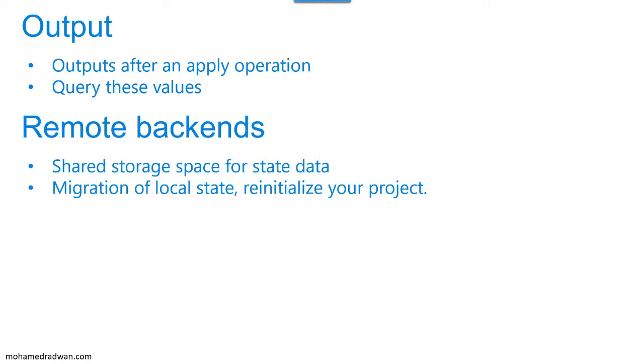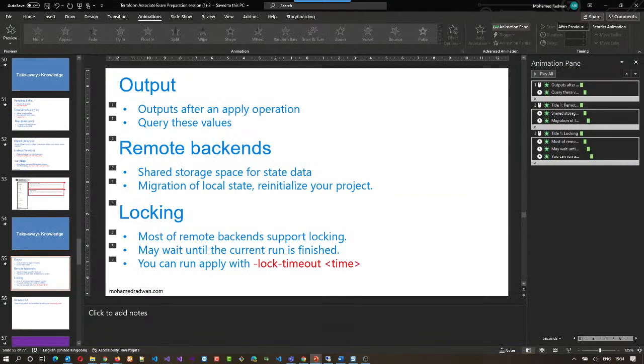For example, it could be Terraform Cloud, which is a paid service by HashiCorp, or it could be Azure Storage Account, or Amazon S3. This will also migrate your local state to the cloud once you reinitialize your project, and it will prompt you for migration. If you approve, then it will just migrate your state file to the cloud. This will be our last demo, by the way.